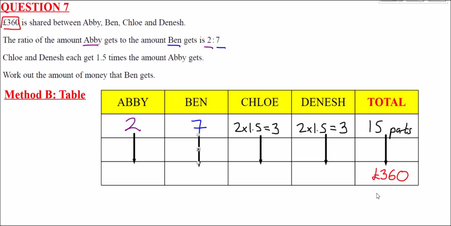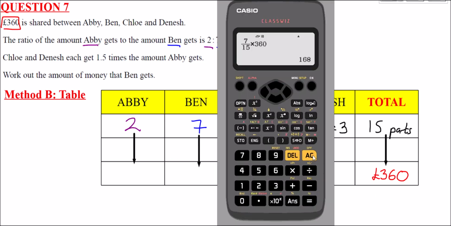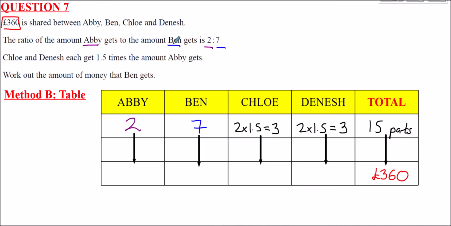And if we do that, 360 divided by 15 equals 24. So essentially to go from 15 to 360, we need to multiply by 24. And to keep the proportions correct, we multiply all these values by 24.